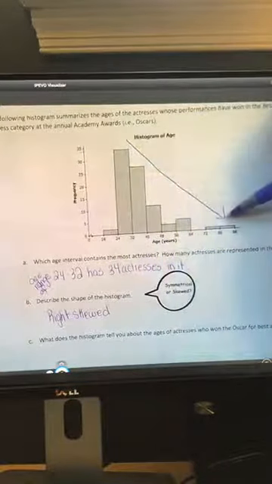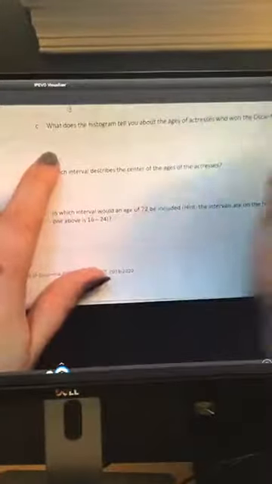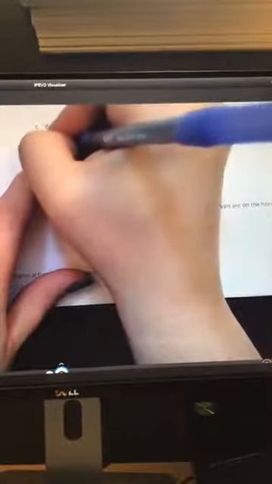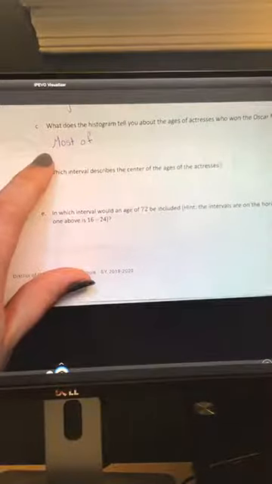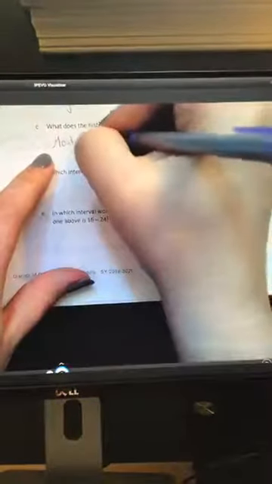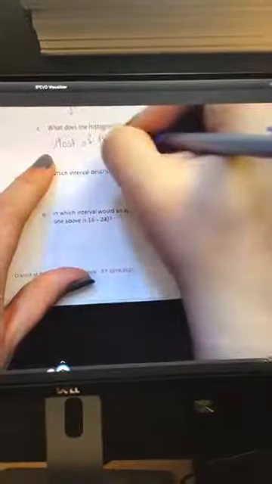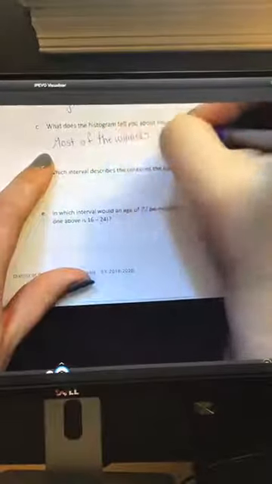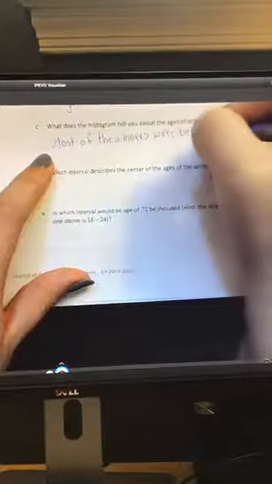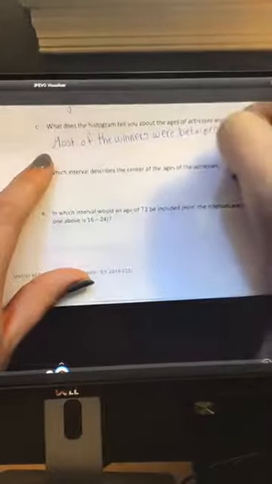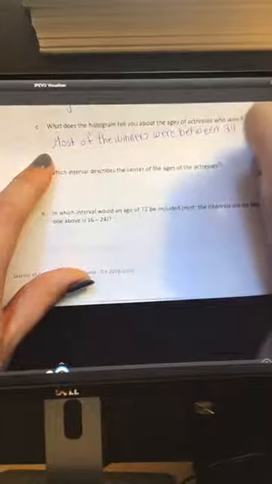And then after that, the number of winners just drops down. So let's write that for C. Most of the winners. Very good, Sacred. That's another way of saying it, is that most of the winners were younger. So most of the winners were between 24 and 40 years old.